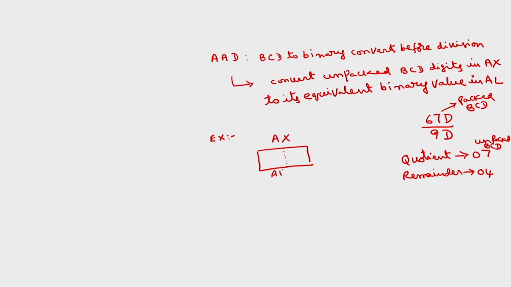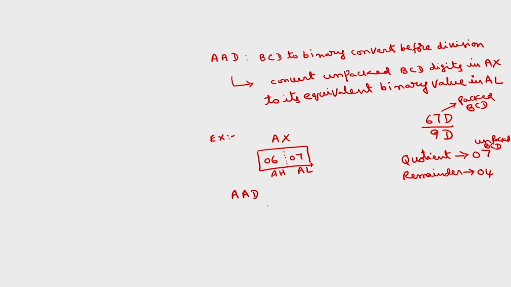In AH we take 06 and in AL we take 07, which is called unpacked BCD digits. So the packed BCD 67 I take into two 8-bit registers in unpacked form, 06 and 07. Then, after taking this into the AX register, I write AAD.